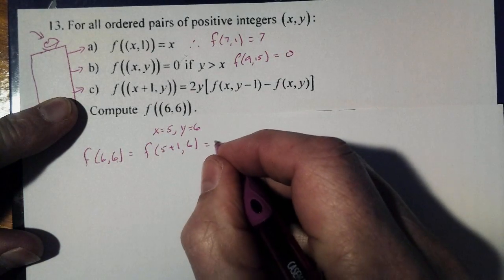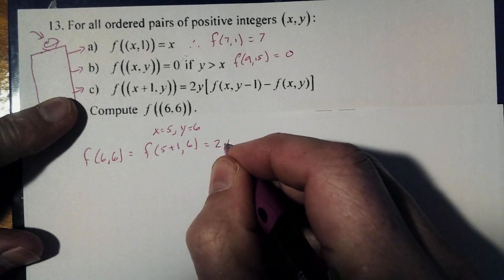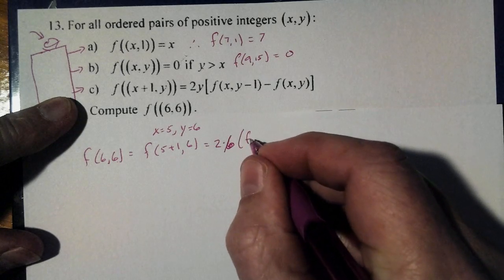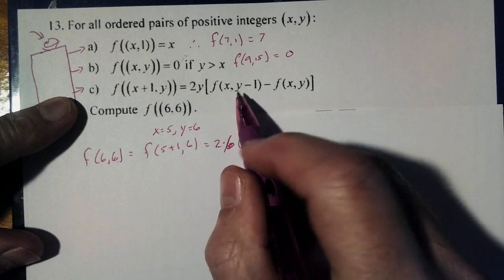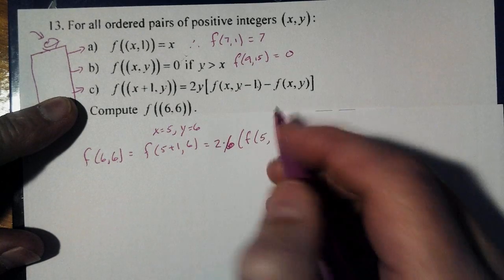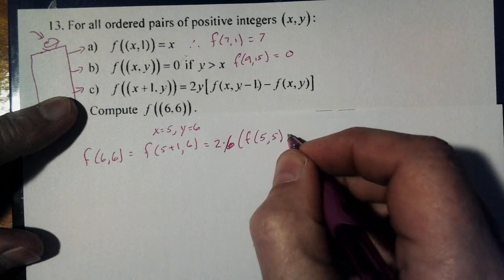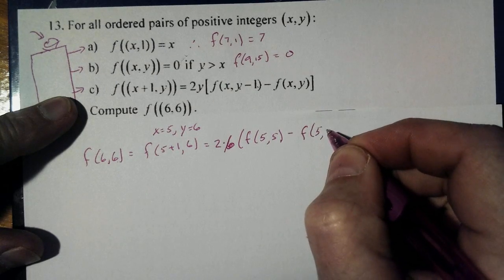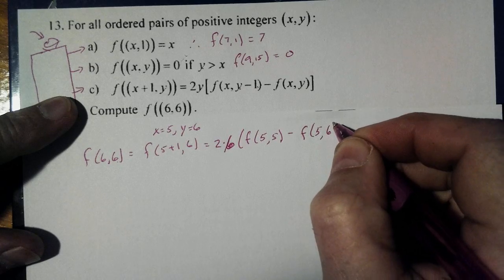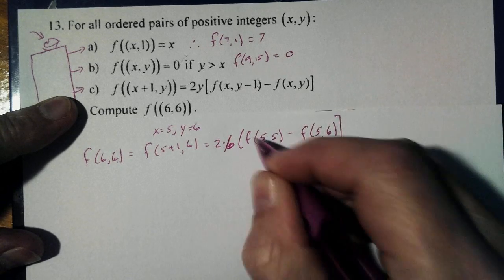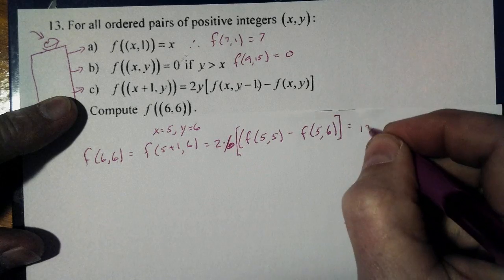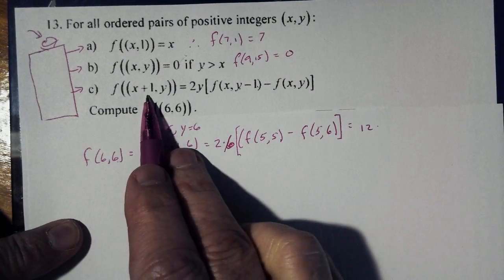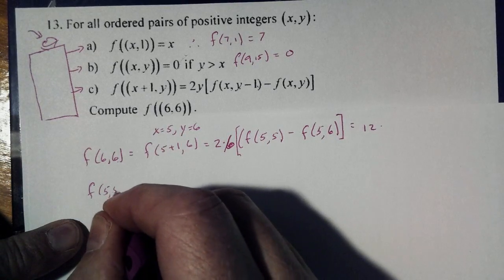So what we get out is 2 times the Y value, 2 times 6, F of the X value 5, Y minus 1, 6 minus 1, 5, minus F of the X value 5, the Y value 6, and that is 12 times F of 5, 5. We're going to have to work with F of 5, 5 here, figure out what it is.